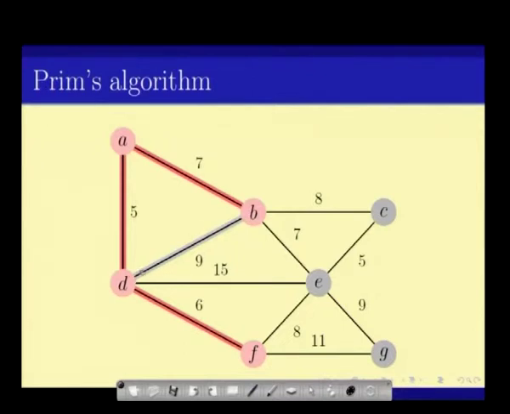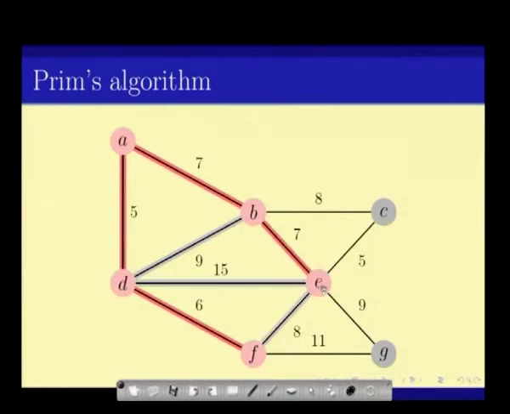If I ever take the edge BD, then I will have created a cycle. So, that is not possible. Now my graph is A, B, D and F, and at this point we again look at all the edges that go out of it. It can be 8, 7, 15, 8 or 11, and in that case we choose this 7 because that is the minimum.